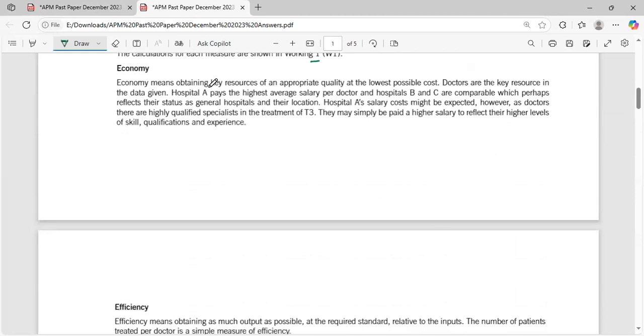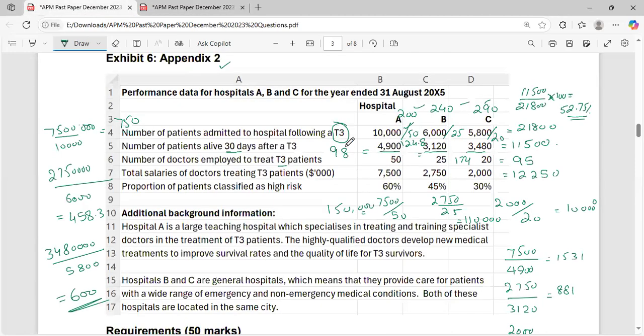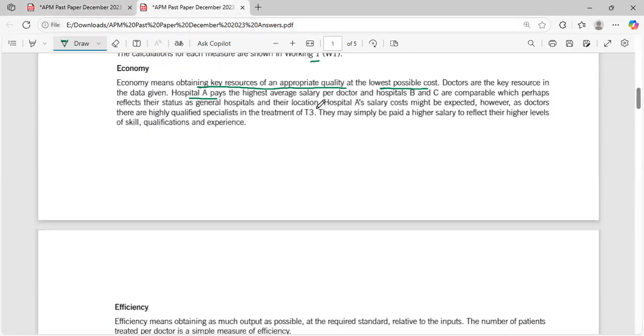Economy means obtaining key resources of an appropriate quality at the lowest possible cost. Doctors are the key resources in the data given. Hospital A pays the highest average salary per doctor, which is 150,000.